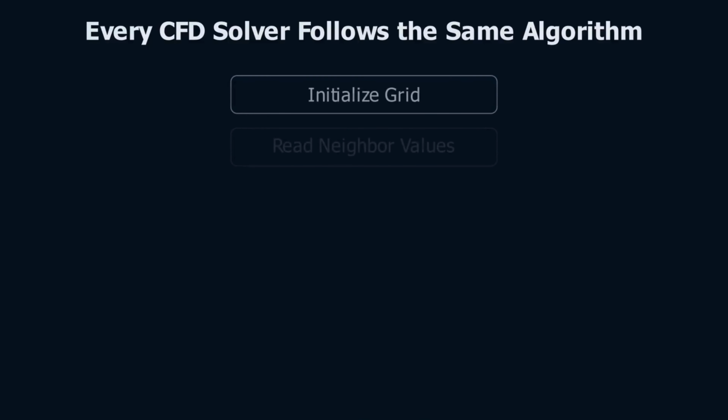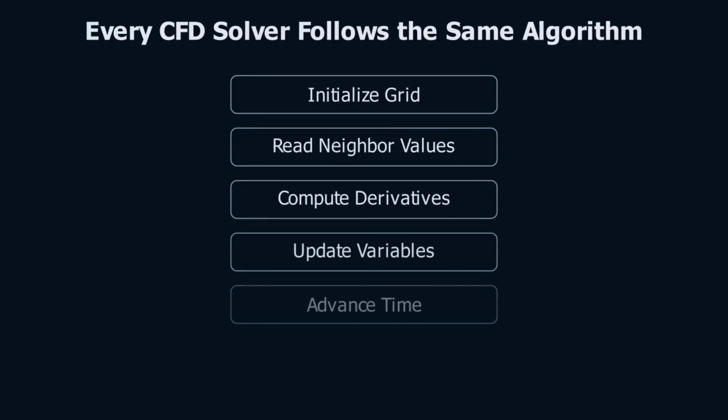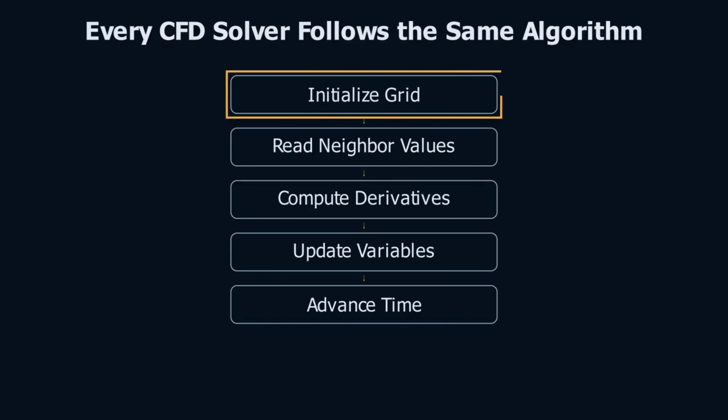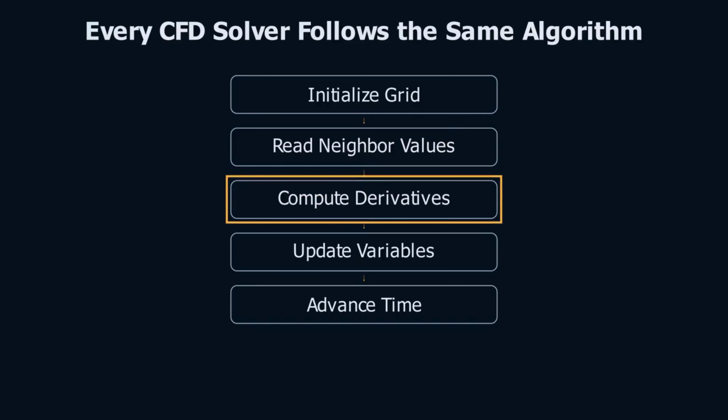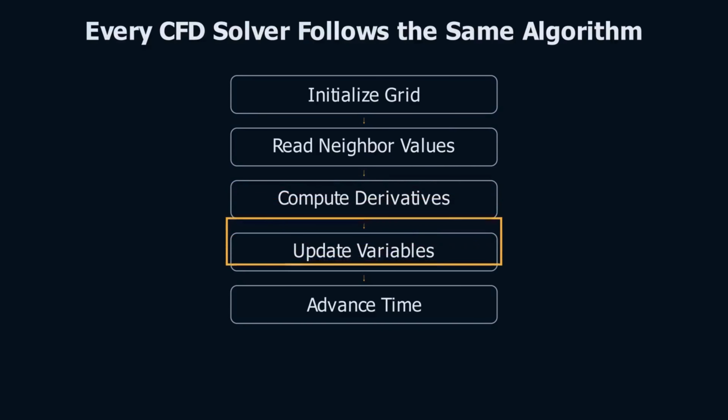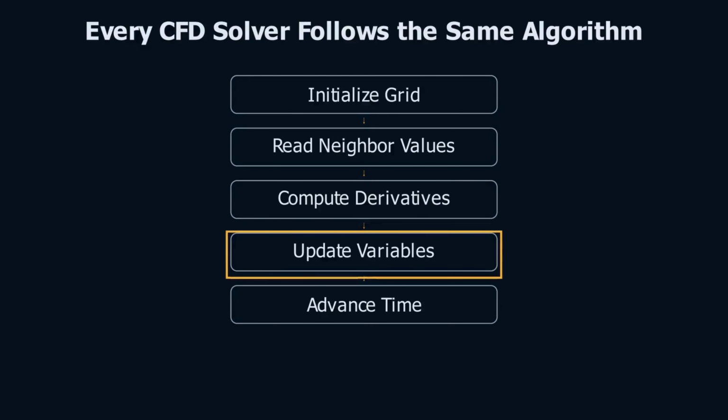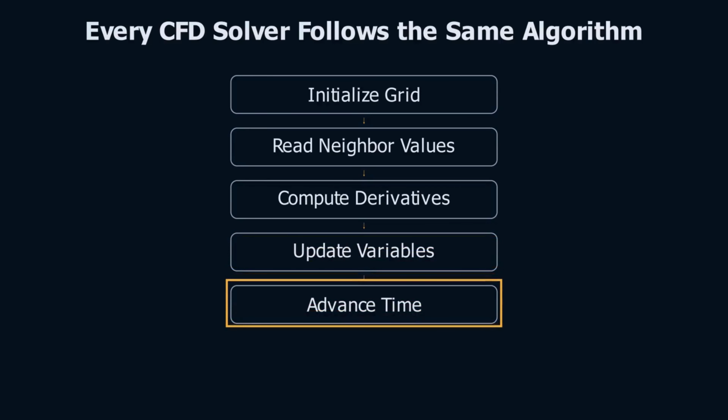Let's combine everything we have learned into one complete algorithm. Every CFD solver follows these same steps. First, build the computational grid. Next, read information from neighboring cells. Then compute spatial derivatives. Update every variable. Finally, advance to the next time step.